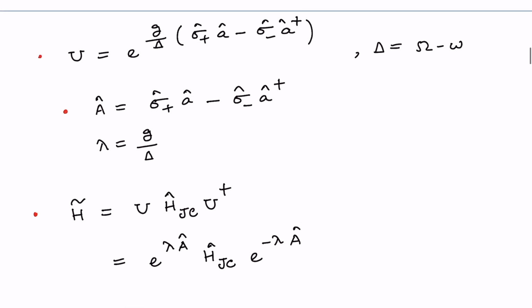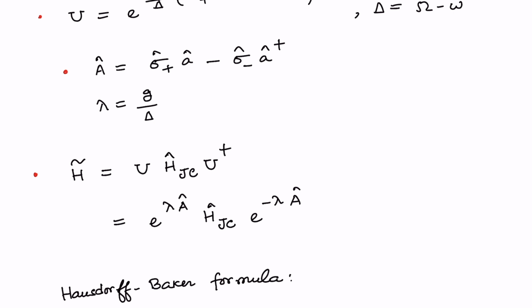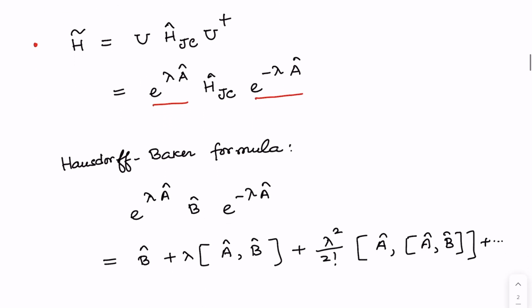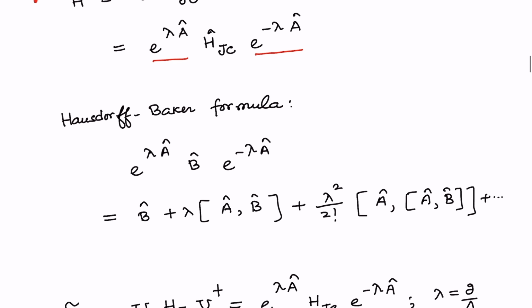U can be written as e to the power lambda A, and U dagger is going to be e to the power minus lambda A. This helps you use the Baker-Hausdorff formula, with which we are already quite familiar.